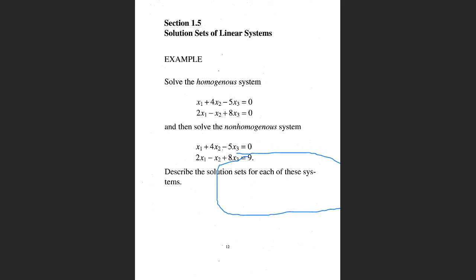The matrix A is going to be, what would the matrix A be here? 1, 4, -5, 2, -1, and 8.